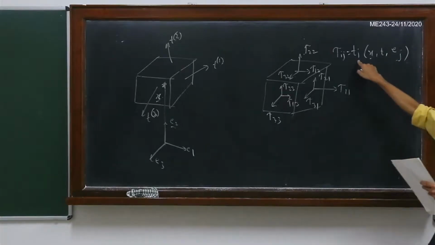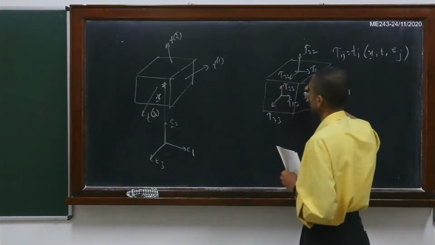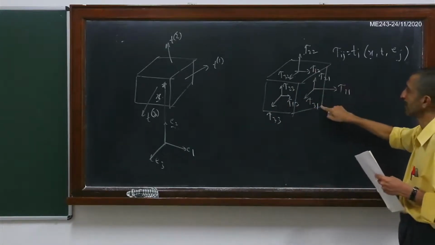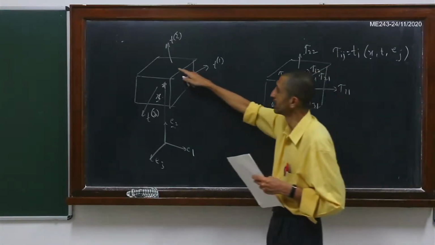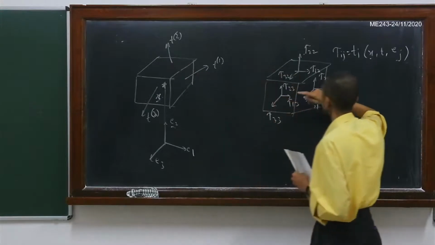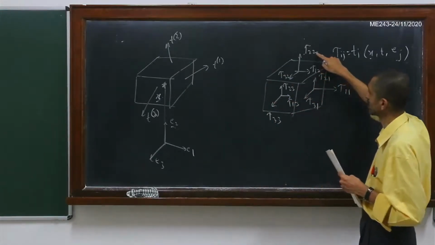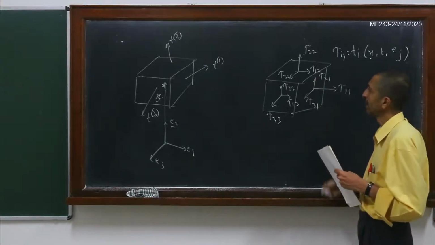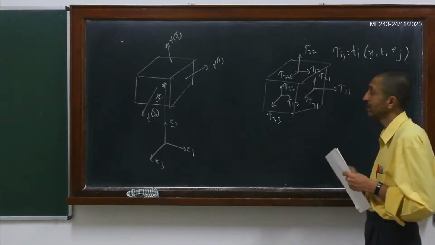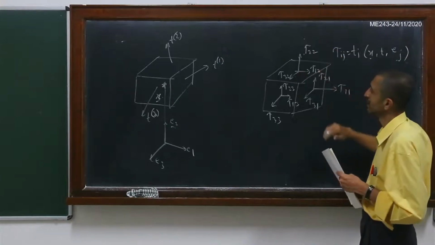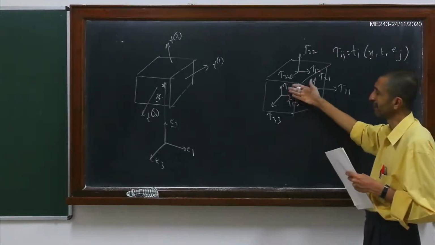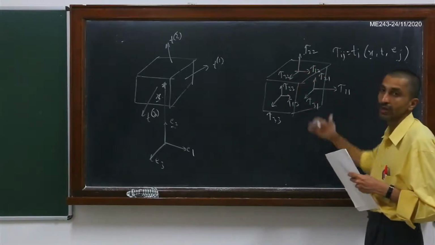Then the normal to this particular face is along E2, so this index is 2. And you can see that this 3 represents the fact that E3 is the normal to this particular face.